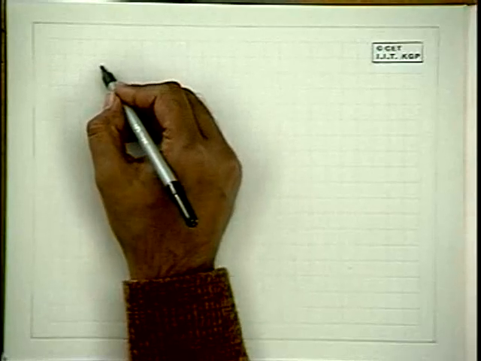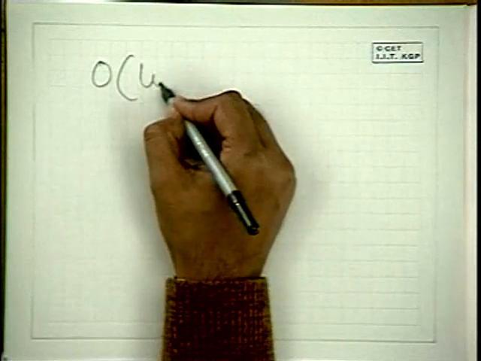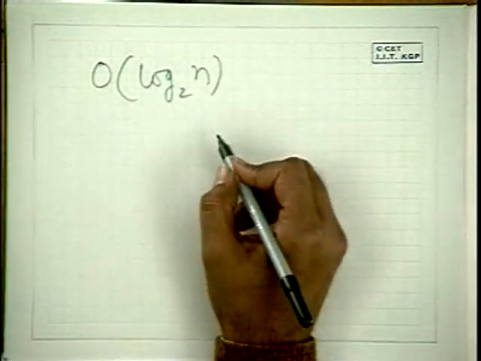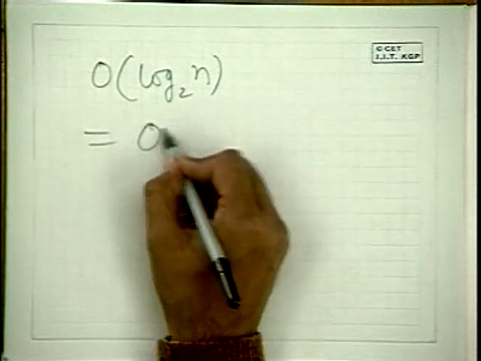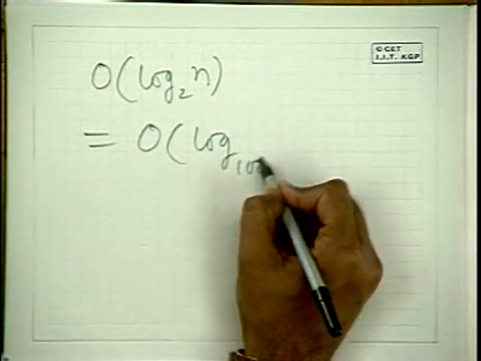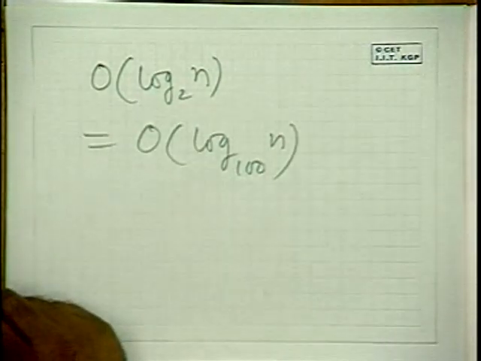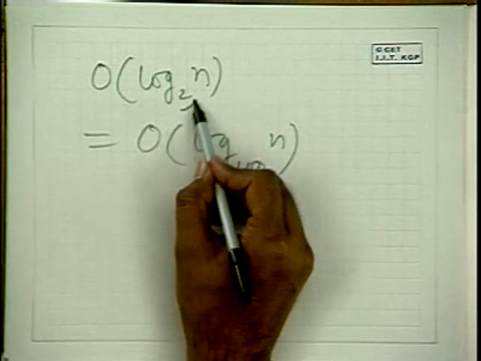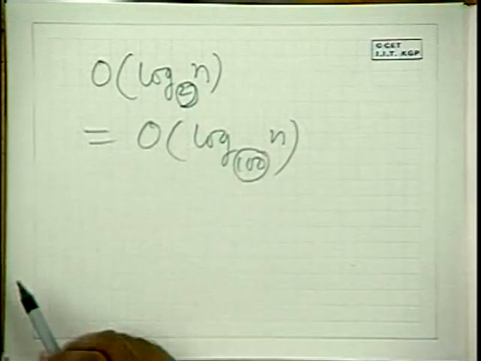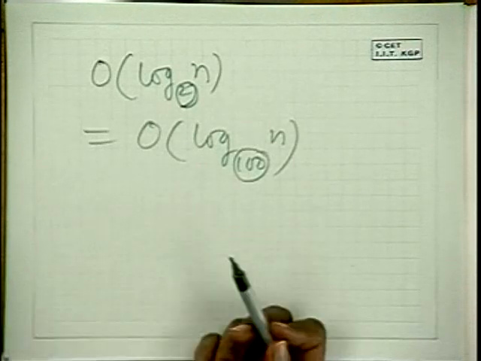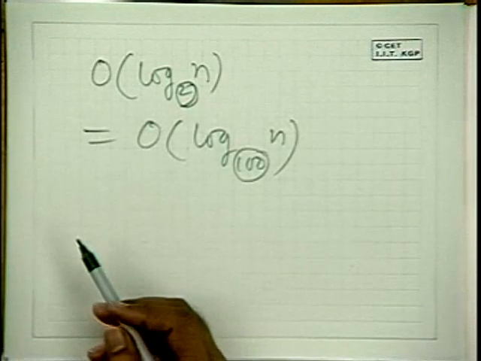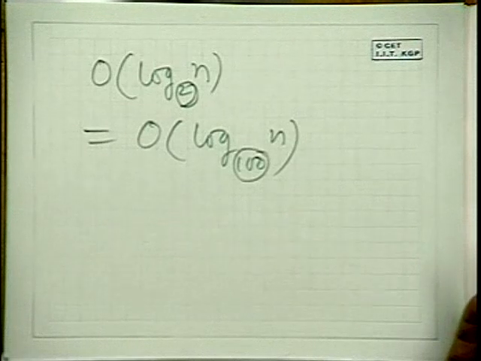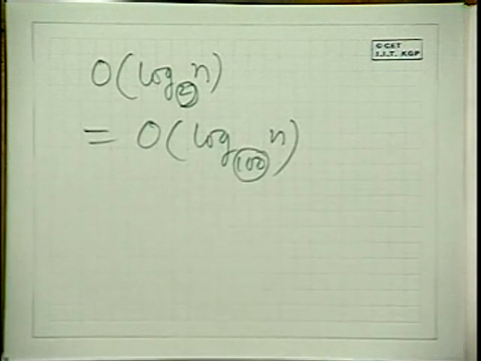Let me just point out one thing. Suppose I have a complexity which is order of log 2n. Can I say this is also order of log 100n? You know this: the base does not matter, because I can always express log 2n as some constant times log 100n and vice versa with the usual formula.